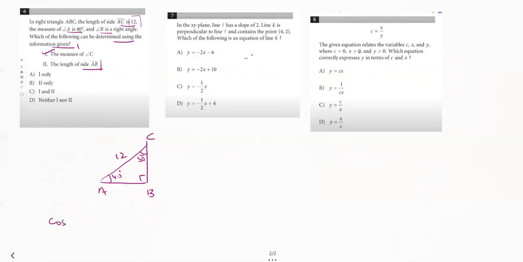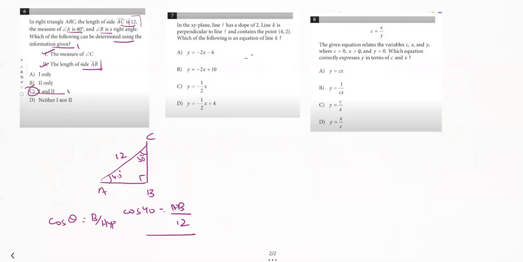Cos theta is equivalent to base upon hypotenuse. So cos 40 is equivalent to AB upon 12. So we can use this formula and find the value for this one as well. So part C is the correct one.